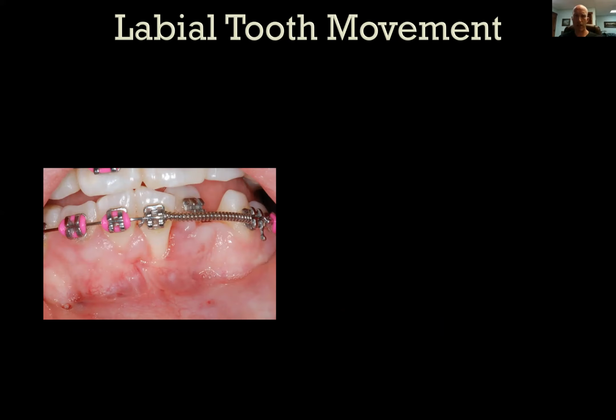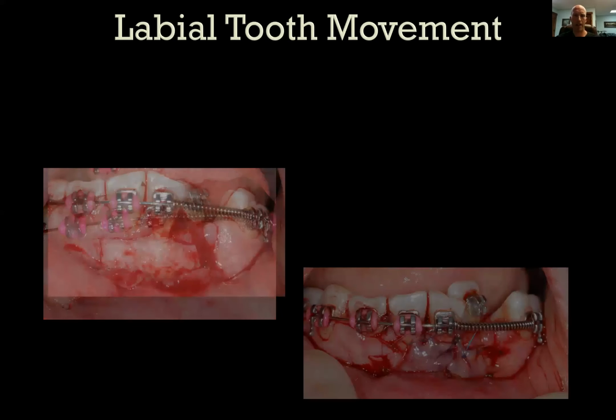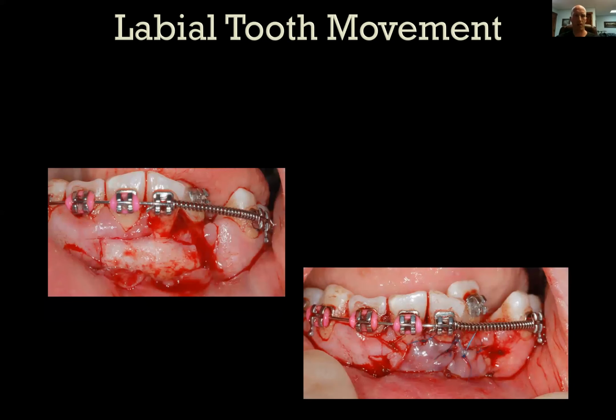A case that we treated several years ago where we had a tooth number 24 that was labially inclined and the tooth number 23 that was lingually inclined. And so some work was done to expand so that 23 could be pulled out. We had an abundance of keratinized gingiva in that area, and so we thought we'll use some of that. We harvested a connective tissue graft as well, which you see in the top picture here.